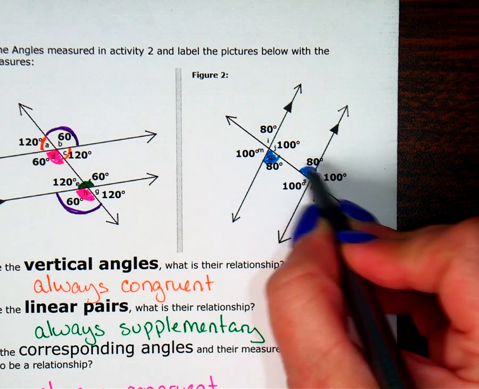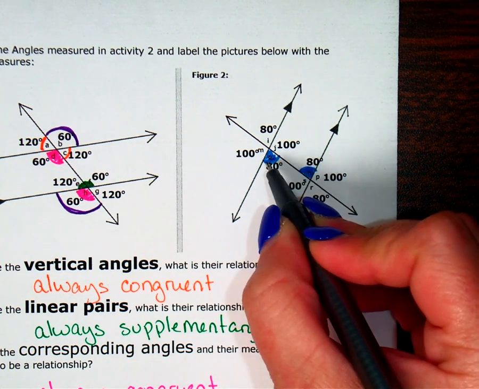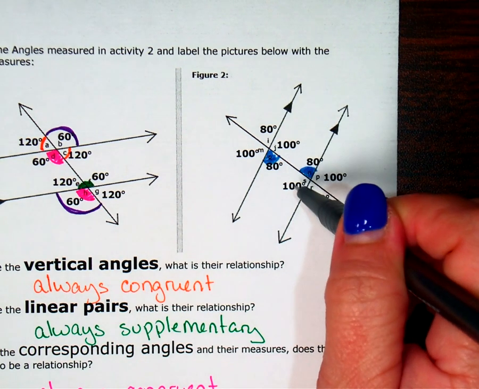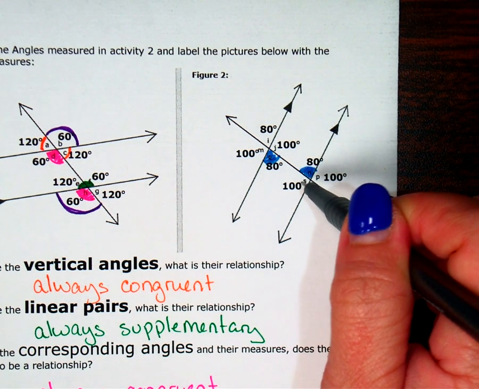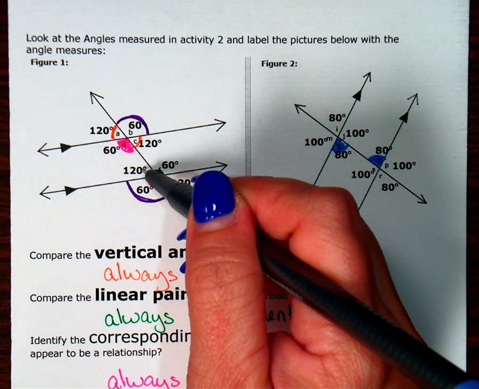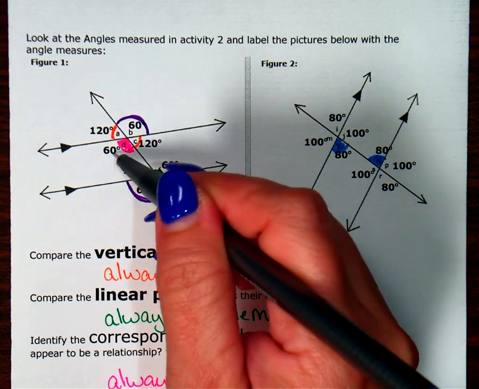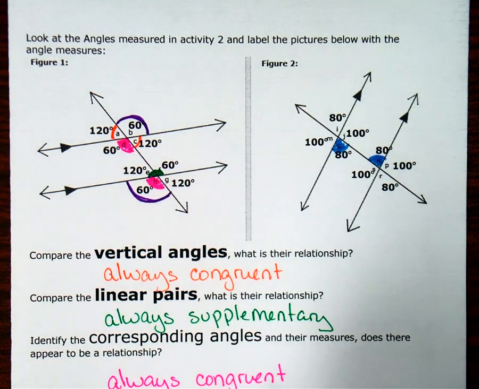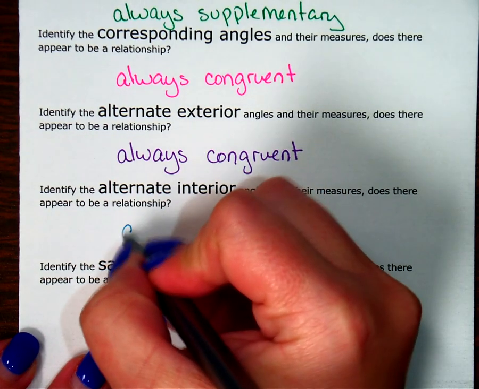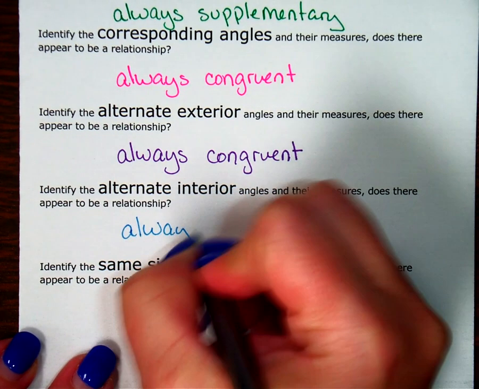So my 80 and my 80, they're alternate and interior. Look at my other two, 100 and 100, my alternate interior. They're the same. Does that happen over here? 120 and 120? Yep, they're the same. 120 and 60? Yes, they're the same. So my alternate interior angles are always congruent.